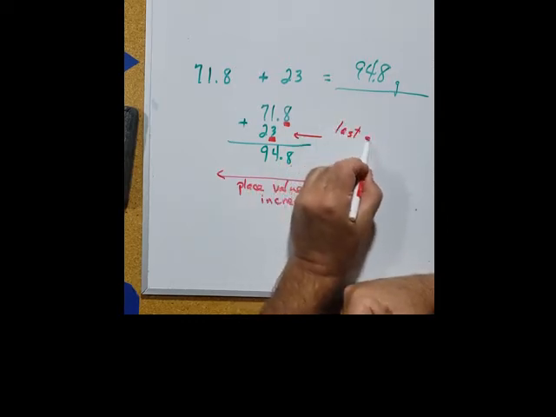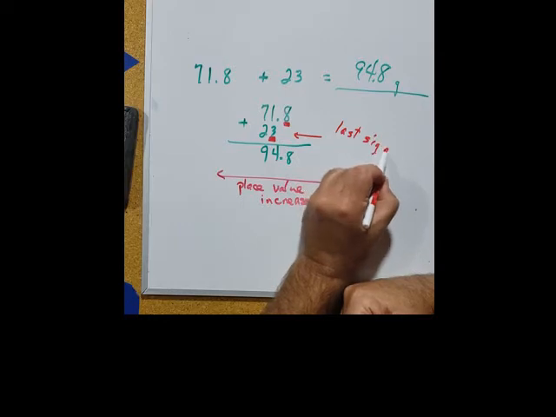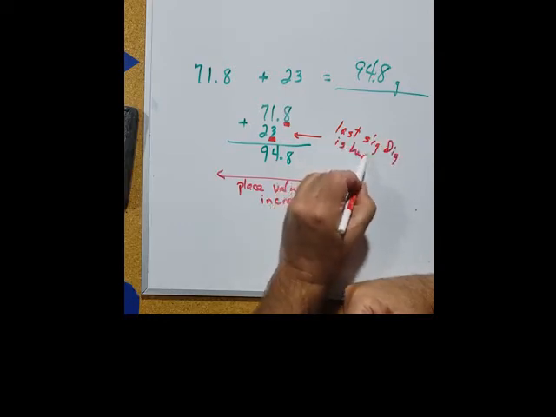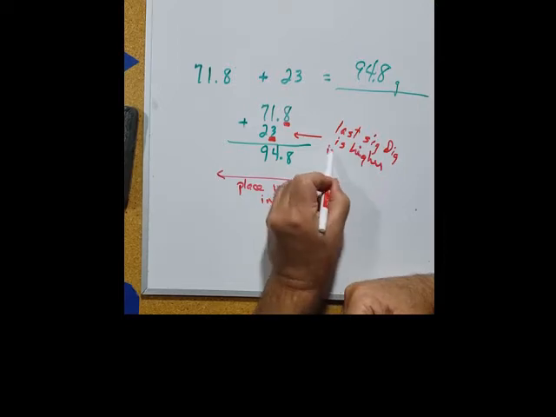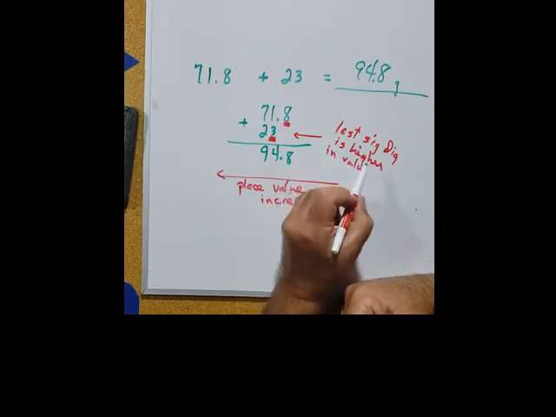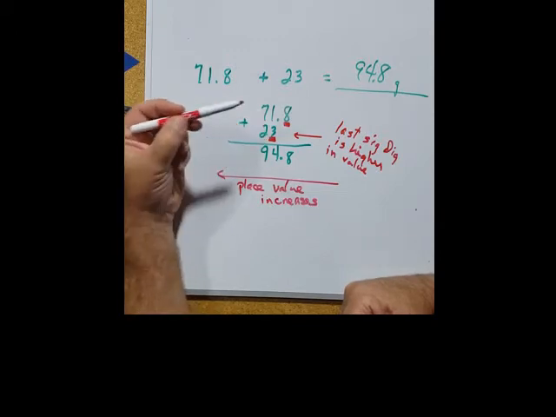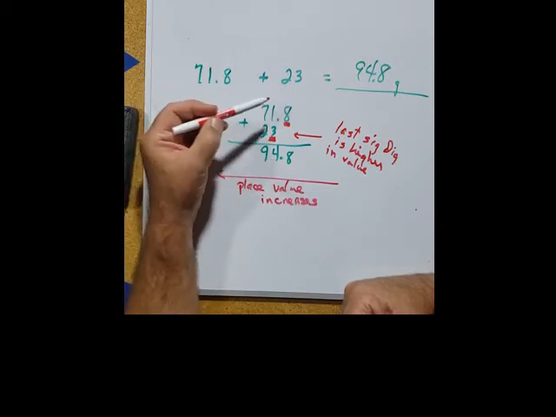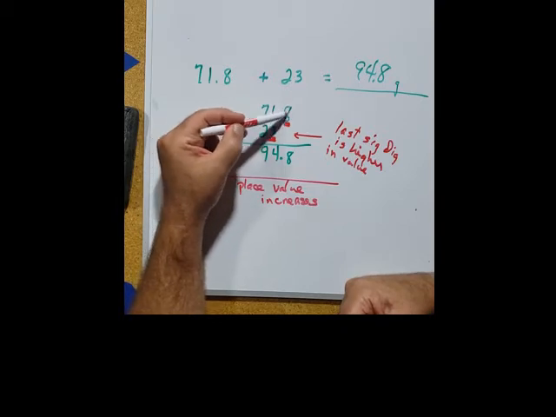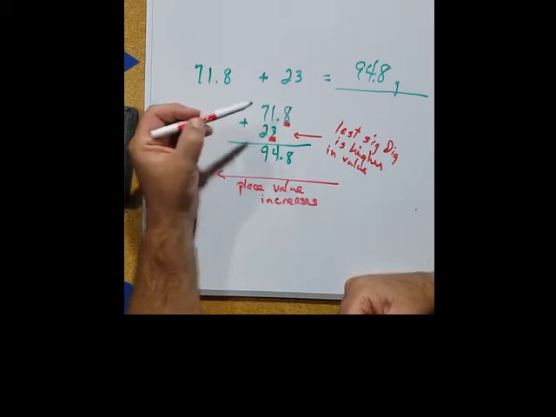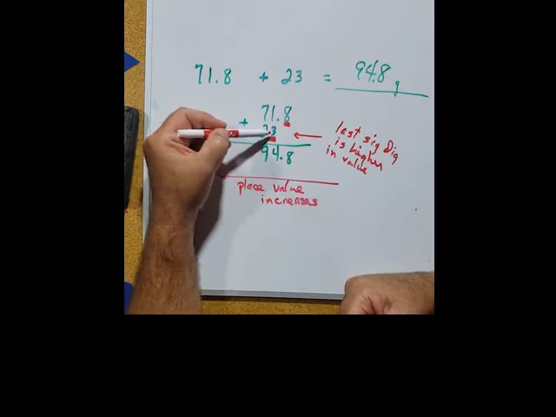Last sig dig is higher in value. Right. So we want to mirror that down in the answer. Just for a quick review, this 8 is in what position? It's the tenths position. The 3 in this number is in the ones position.